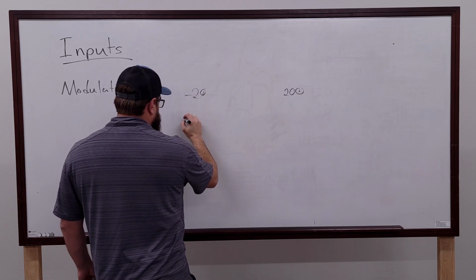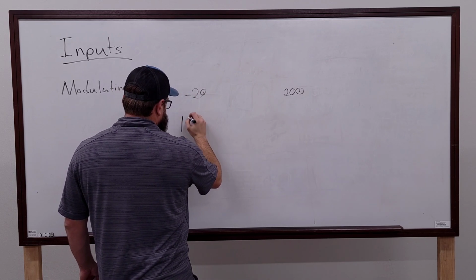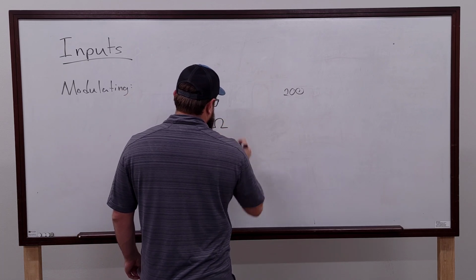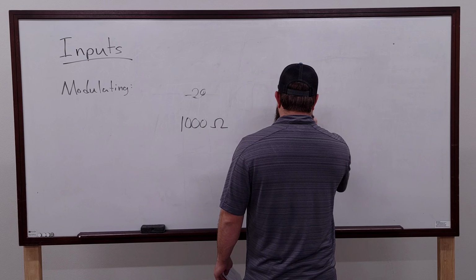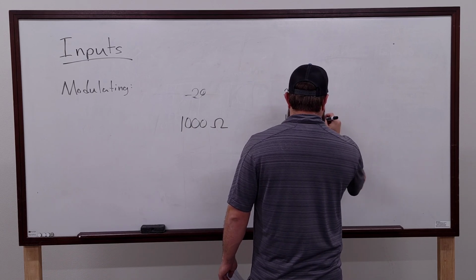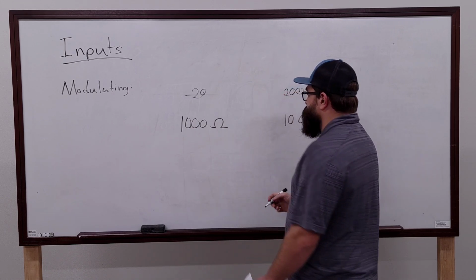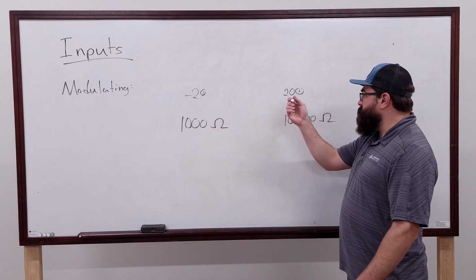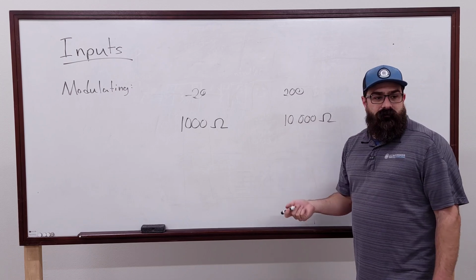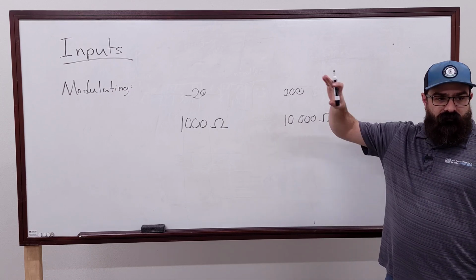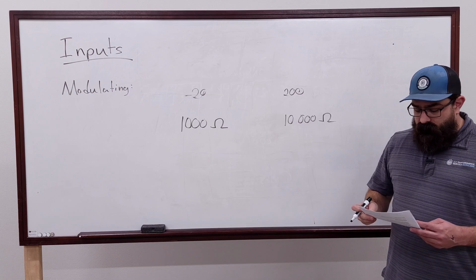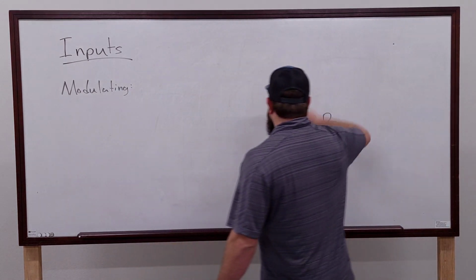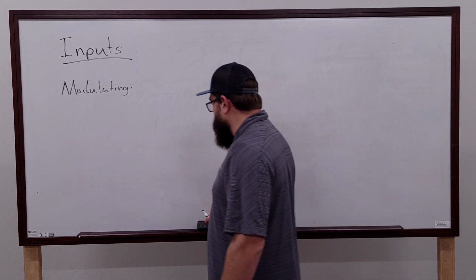This is not correct, but let's just go with it. So -20 equals 1,000, 200 equals 10,000, and you have a relationship between the two. So it's scaled. Those can be resistance, they can be voltage, and they can also be amperage.